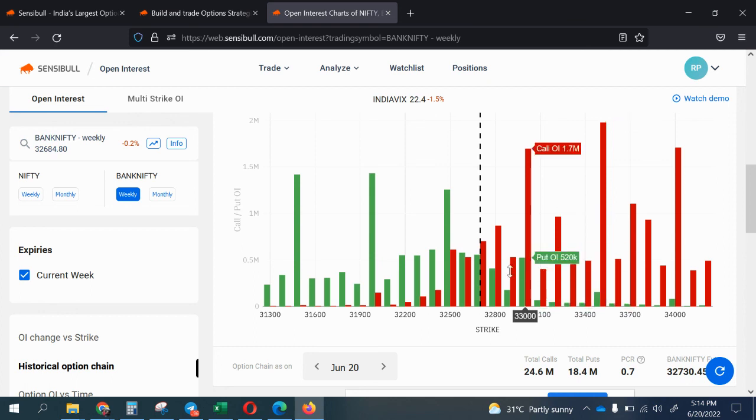If the market goes up, it has to hit this strike price, and then comes your 33,600. So you can take 33,600 as a conservative trader. If you are an aggressive trader and you don't want to give that 100 points, you can just go for 33,500. This way we need to do the analysis.